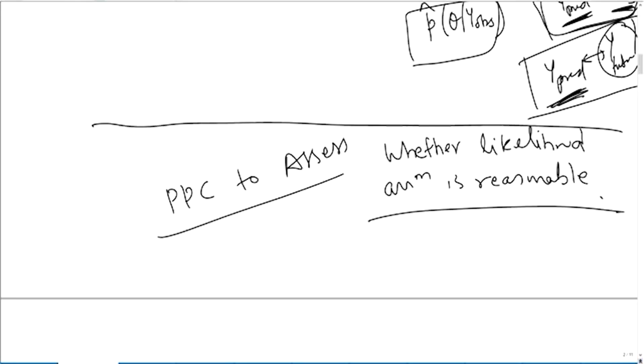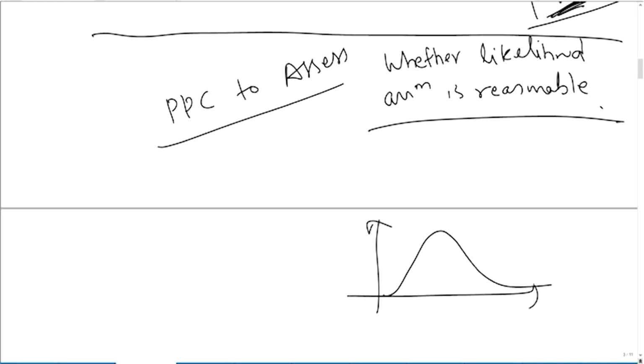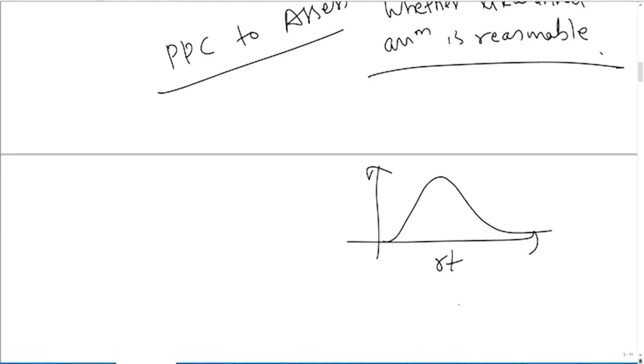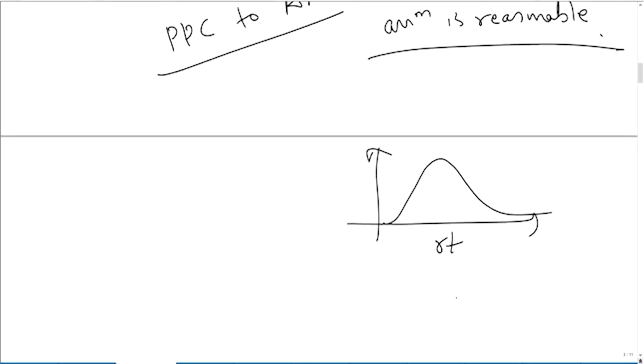So, for example, let us say in an experiment you collect some reaction time data, some response time data, and the actual distribution of response times is typically something like this. So, these are the response times you collected in an experiment. Now, what likelihood assumption would you make about response time?